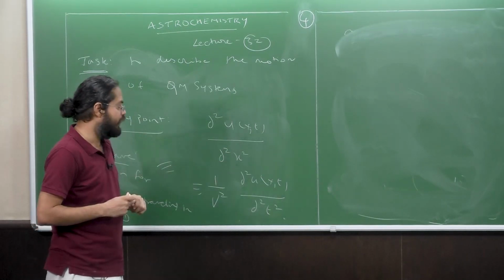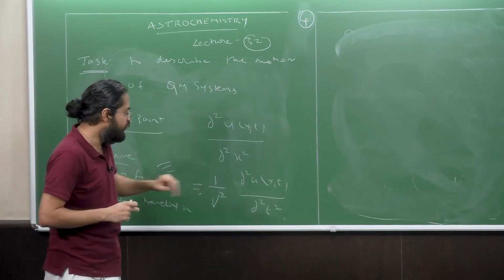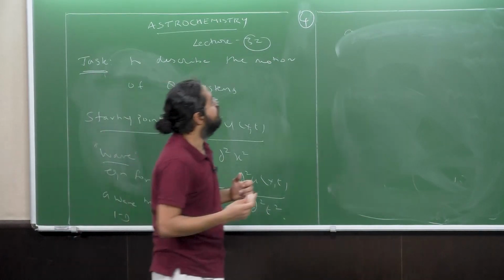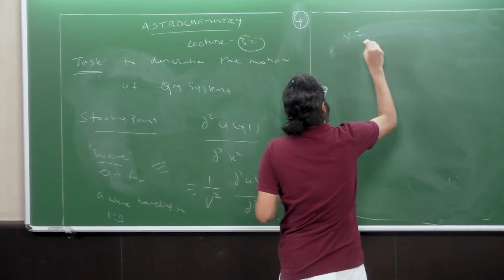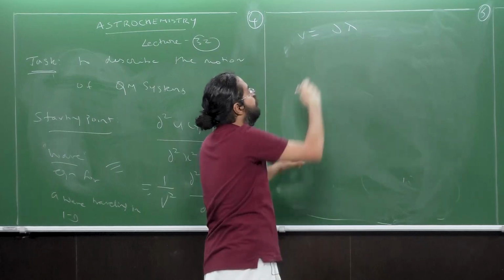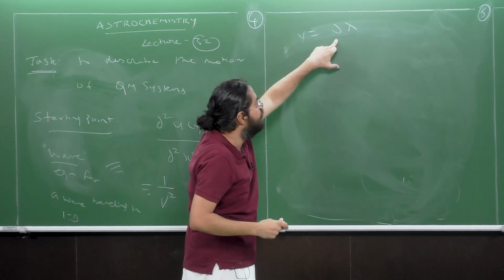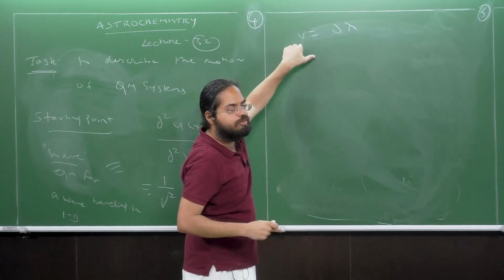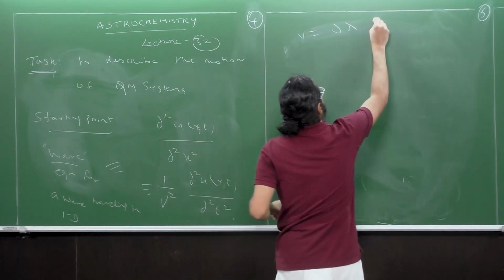And what about this folks right here? And what is v here? V alone I'll give you, okay? V is nothing but nu lambda. This is v and this is nu. And so v is nu lambda, which is nothing but wave velocity.